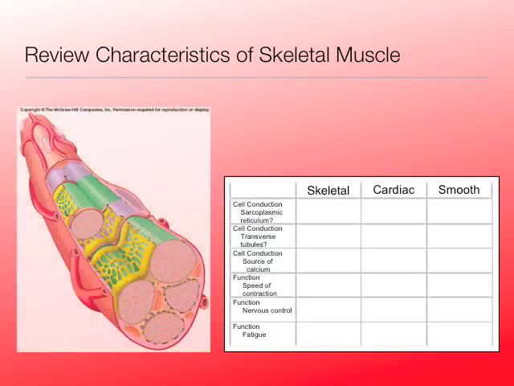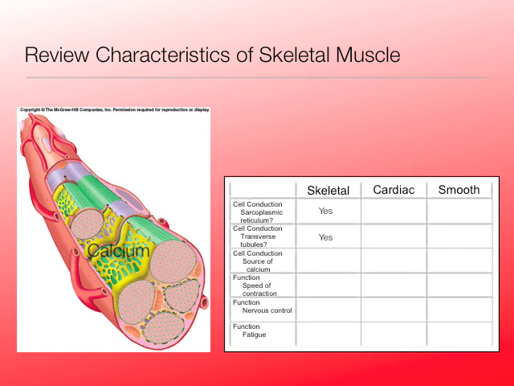Let's look down at the lower part of the handout here. We're still looking at skeletal muscle. Is there sarcoplasmic reticulum here for storing calcium? Yes, there is. Are there transverse tubules here? Yes, there is. Okay. Where do we store the calcium? Sarcoplasmic reticulum, right?